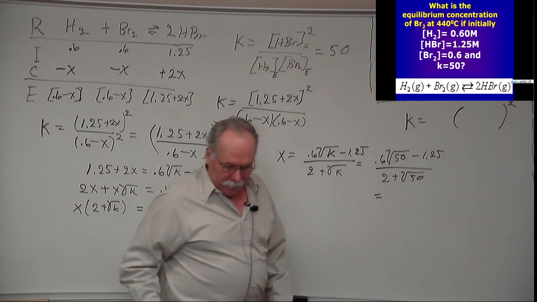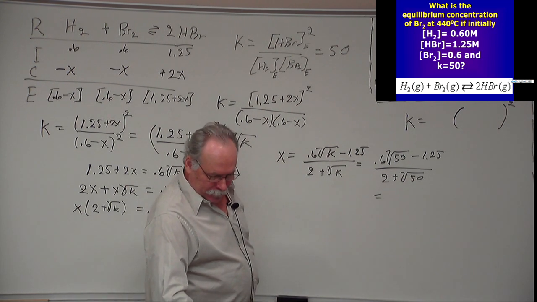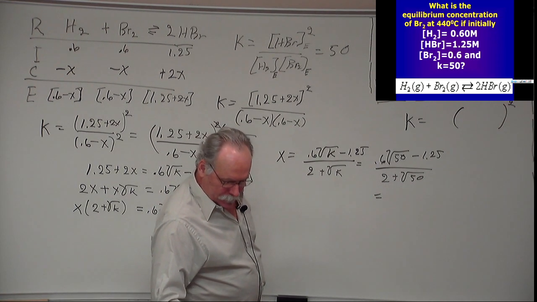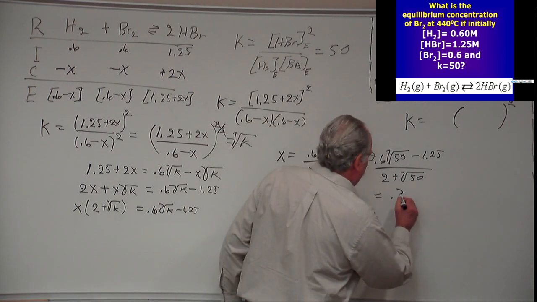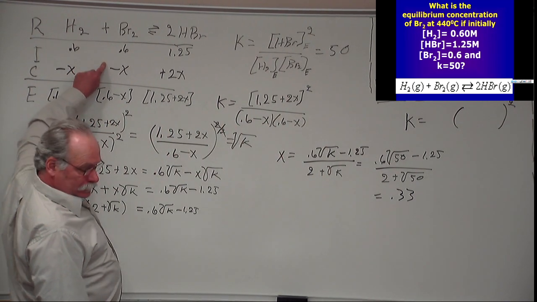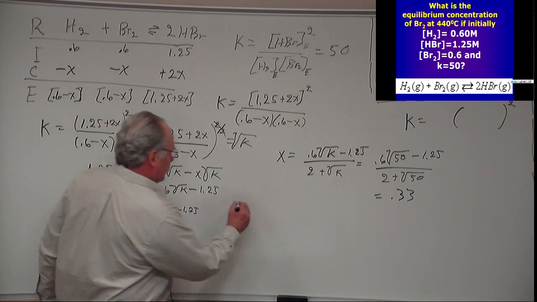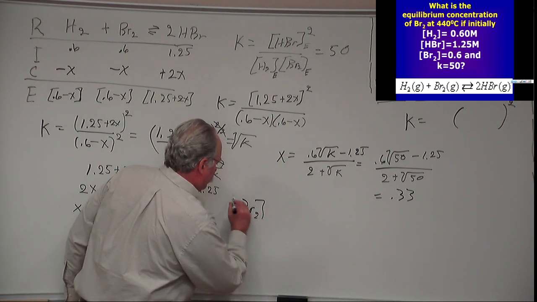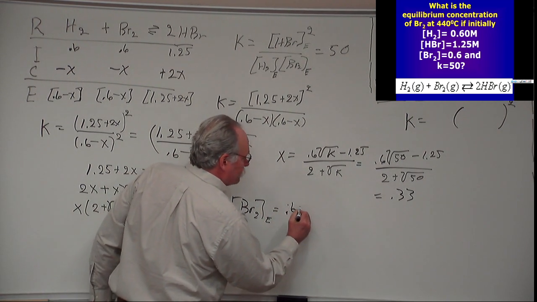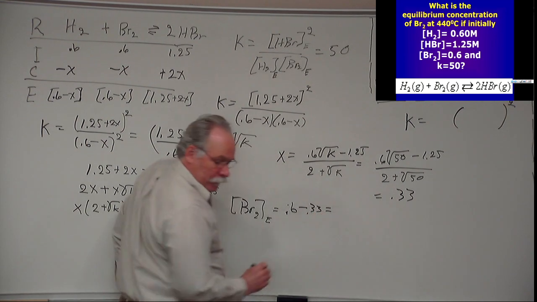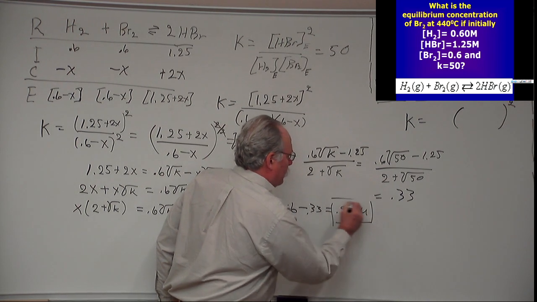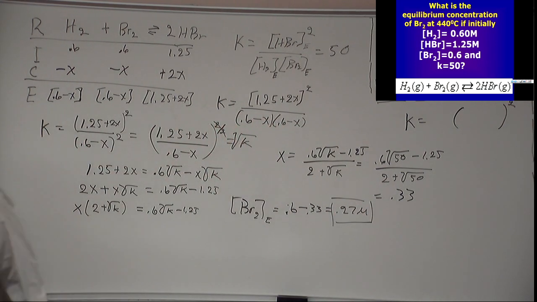Now I get out my calculator, and I get 0.33. Now that I have 0.33, I can substitute this back into here, and I can say that the bromine concentration at equilibrium is equal to the initial 0.6 minus 0.33, which is equal to 0.27 molar. Okay? Hopefully that makes sense and helps you out.